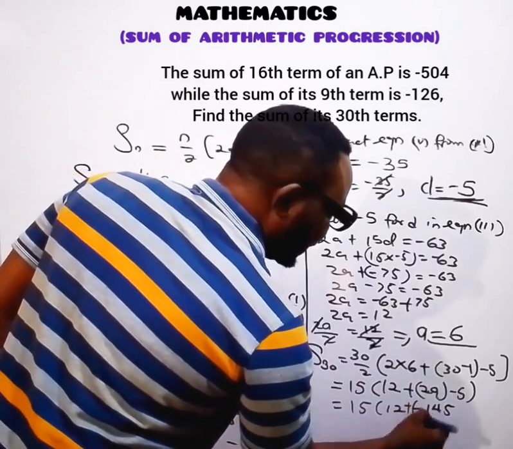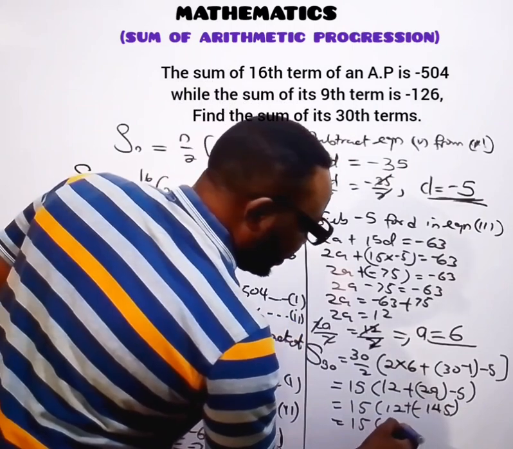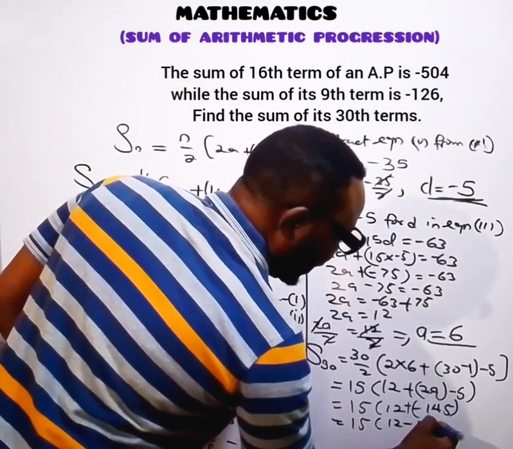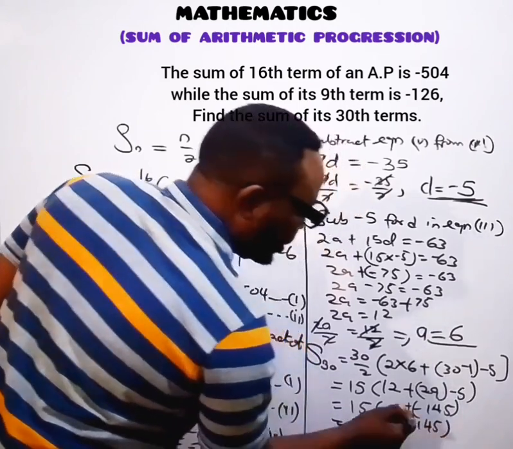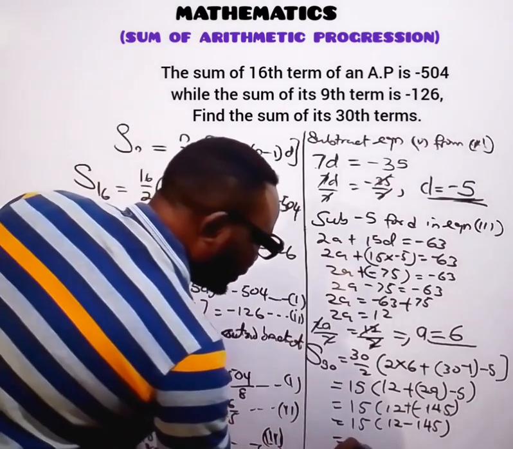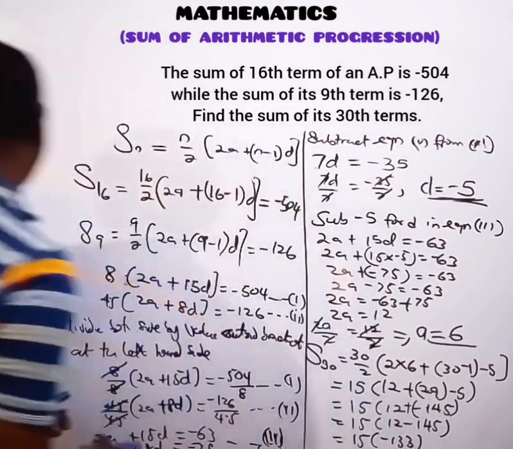So it becomes 15 into bracket 12 minus 145, because plus times minus will give us minus. 12 minus 145 will give us minus 133. It becomes 15 into minus 133.